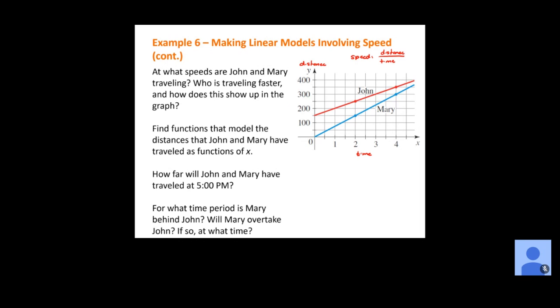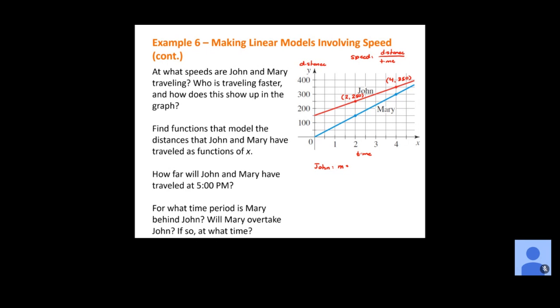Okay, I'm going to start with John and find the slope of John's line. So for John, m is going to equal, and again, we need points to be able to calculate the slope. I'm going to look at the points that are labeled here. This point up here looks like it's at 4 and 350, and the point down here looks like 2 and 250.